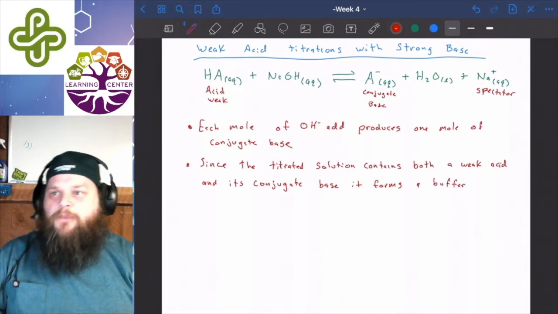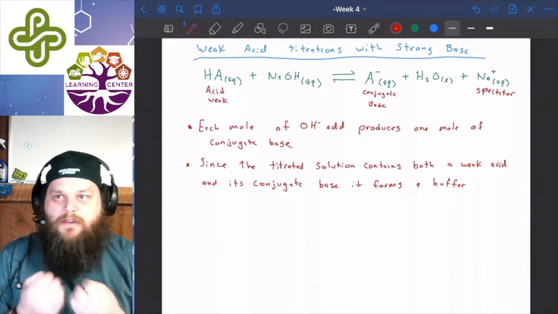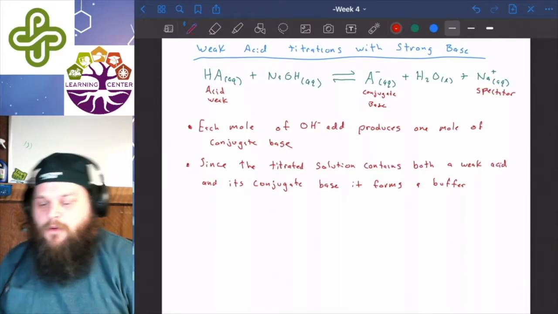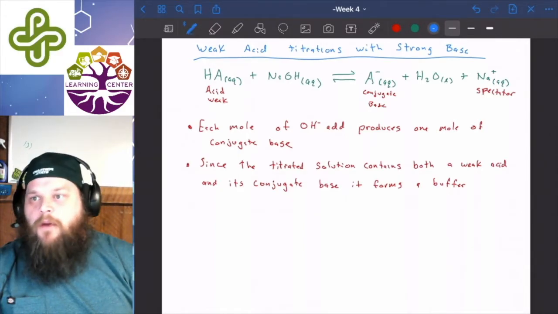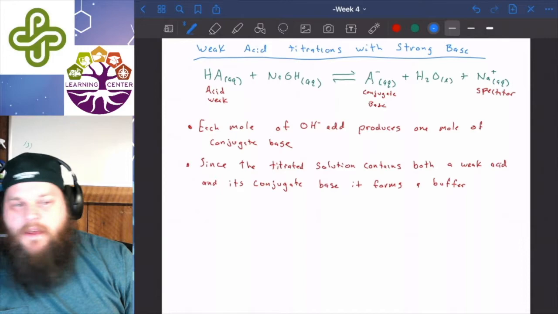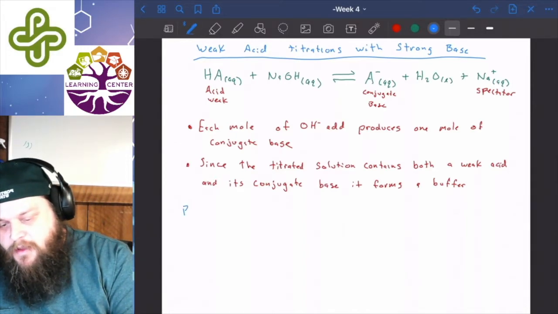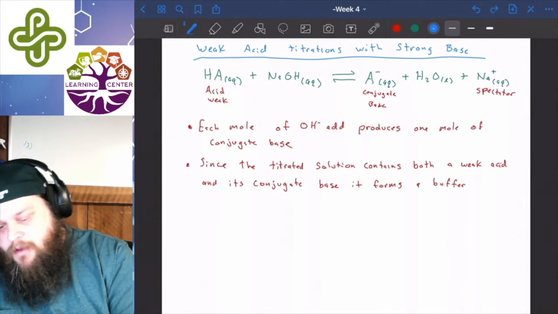So anytime we have a weak acid with its conjugate base, we have this buffer situation, a buffer system. So to calculate the pH of that buffer system, we can use the Henderson-Hasselbalch equation, which I'll write out.